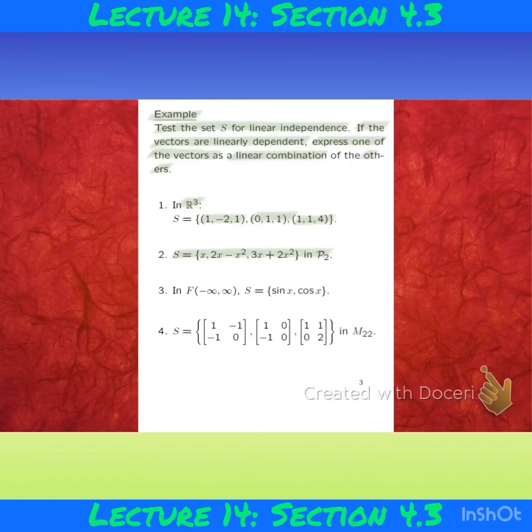P2 is the set of all polynomials of degree less than or equal to 2. And we are asked to show in that vector space whether S is linearly independent or linearly dependent.